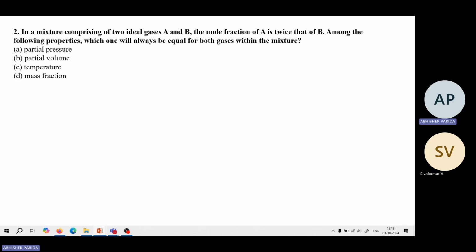And how is that connected? That is connected through the mole fraction. So for example, as it is said that the mole fraction of A is twice that of B, that means the pressure exerted by A on the container will be twice that of B.